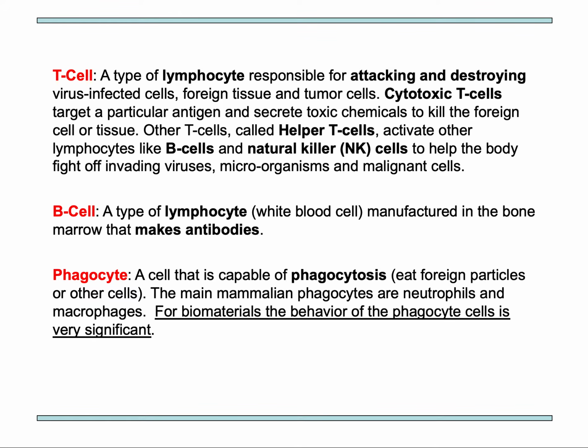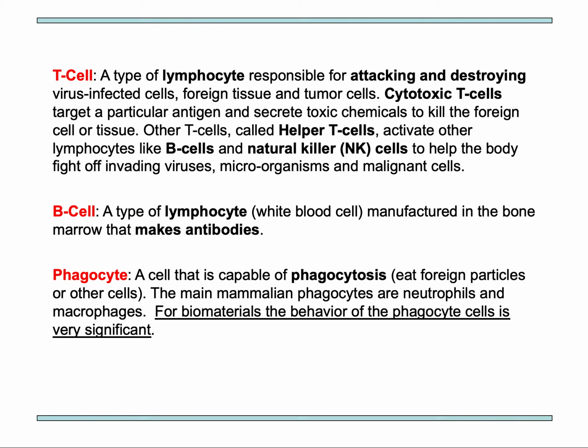And this is critical when you have tissue transplantation. It's very important to have compatibility and matching. If you don't, the killer T cells, or cytotoxic T cells, will destroy that tissue and the transplantation will fail.